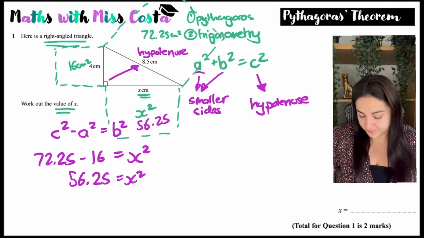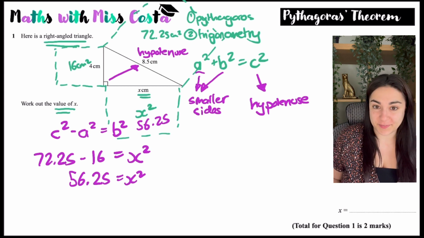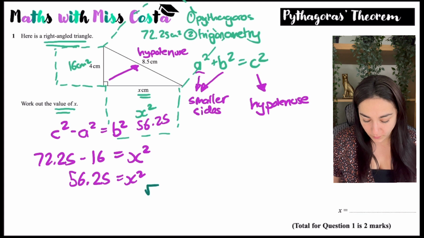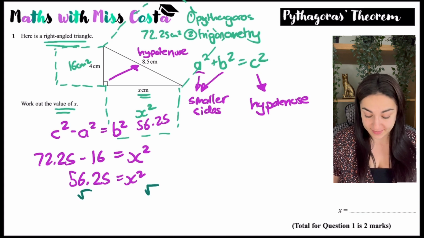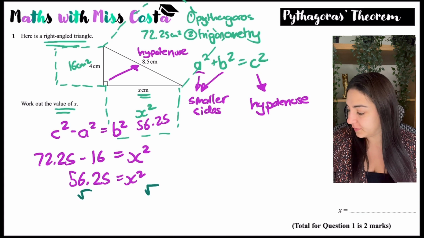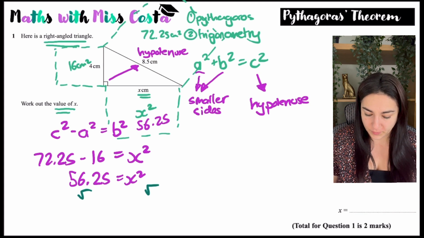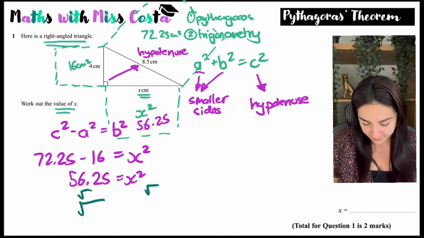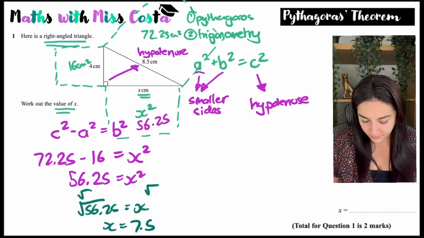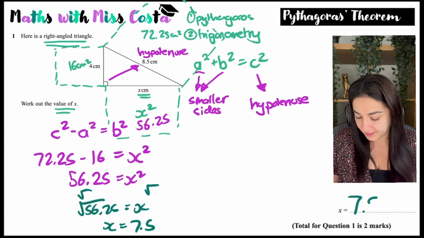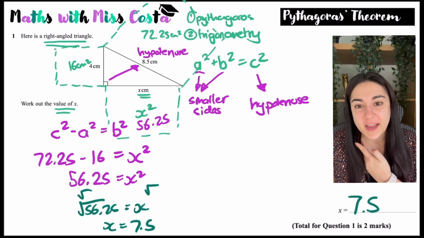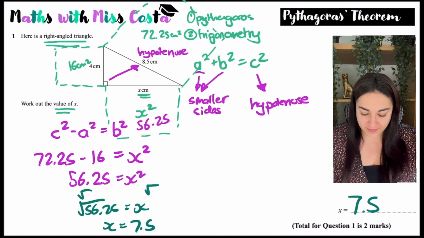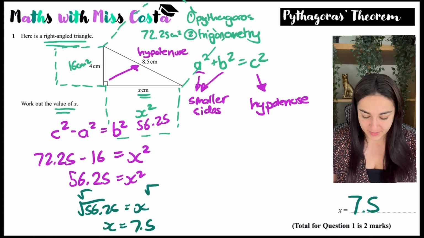The final part is I know x squared is equivalent to 56.25, so I square root both sides to get the value of x by itself. So the square root of my answer is 7.5. And that is how I would work this out. So if Pythagoras is something that you've forgotten about, then be sure to check out the full length video. This is just a quick whistle stop tour.